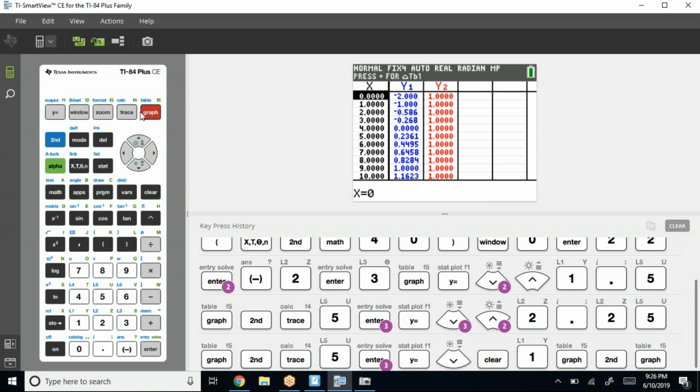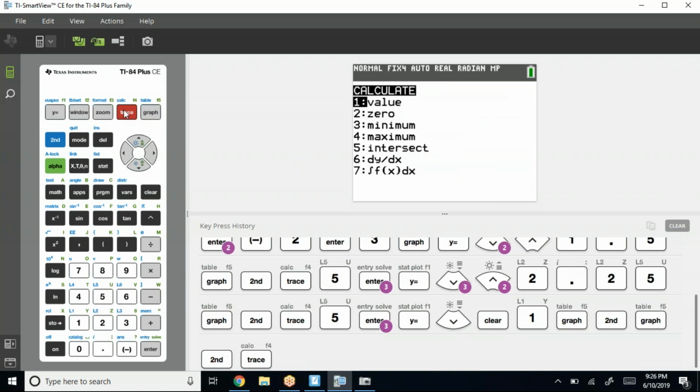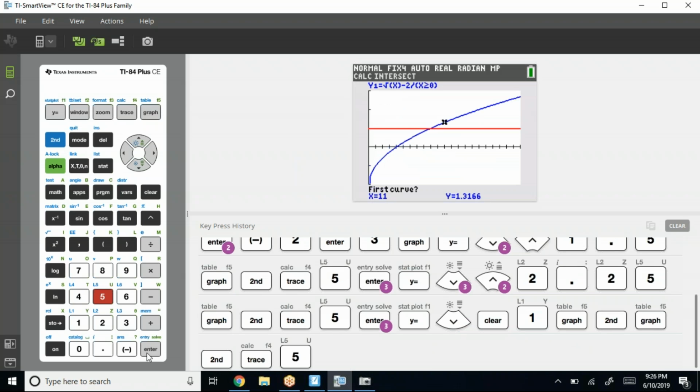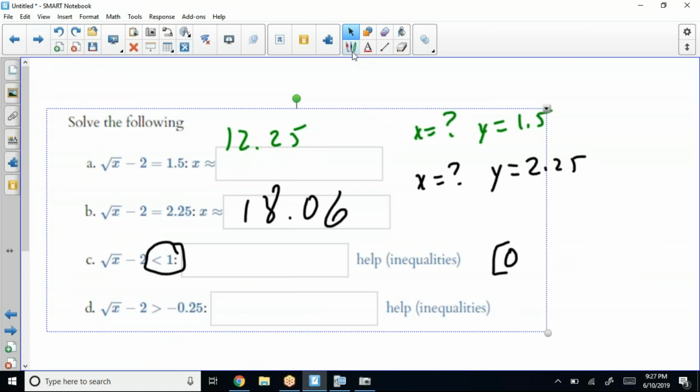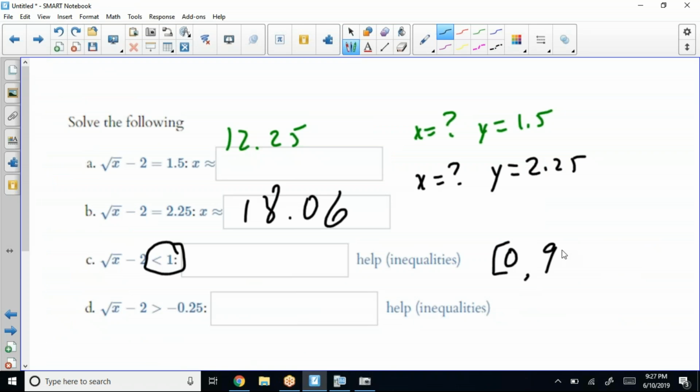Second trace, second trace, 5, enter, and it's at 9, right? So that's very important. It goes all the way up to 9. At 9, it'll be still less than 1. Okay. So that's the parentheses.